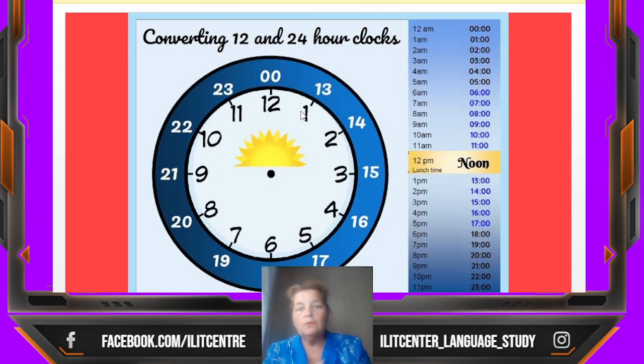After lunchtime, we say past. 1 p.m., 2 p.m., 3 p.m., 4 p.m. It means already in the afternoon, coming closer to the evening. I think it's quite a detailed explanation, and after some small practice, you will be able to tell the time without any mistake. Look at the next slide in this presentation.